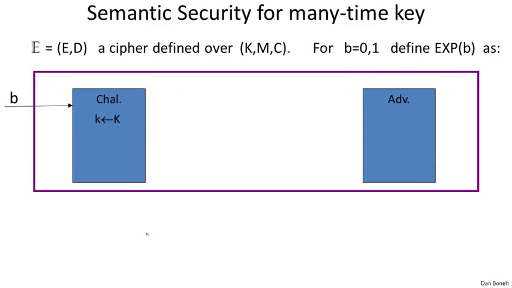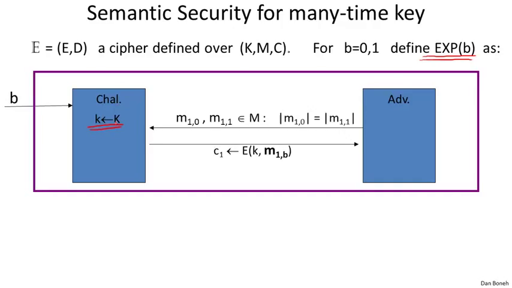So let's define this more precisely. As usual, we're going to define semantic security under a chosen plaintext attack using two experiments, experiment 0 and experiment 1, that are modeled as a game between a challenger and an adversary. When the game begins, the challenger is going to choose a random key k, and now the adversary gets to query the challenger. The adversary begins by submitting a semantic security query, namely he submits two messages, M0 and M1.